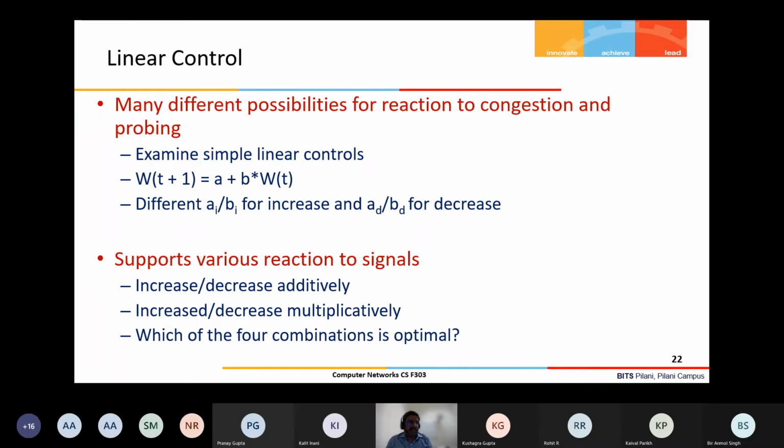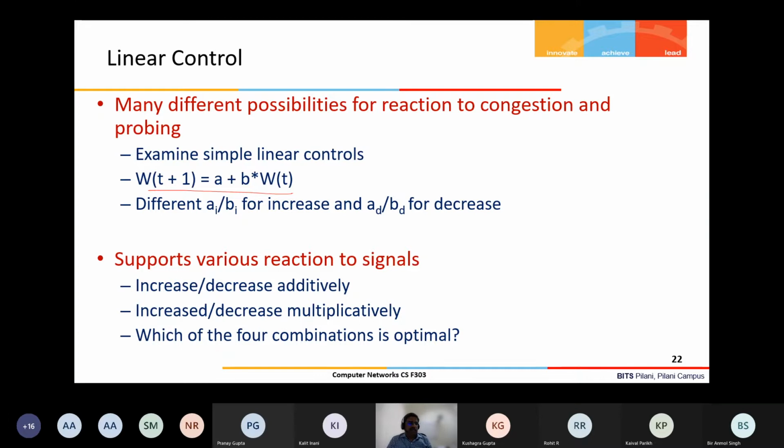There are many different possibilities for reaction to congestion and probing. Once congestion is perceived, you have to decrease, and otherwise you always probe to get the maximum, right? So this is one simple linear control: at time t plus 1, my window size is given by a plus b into the window size at time t.